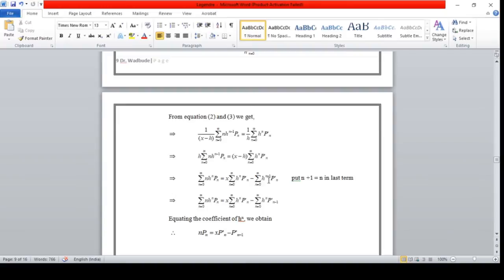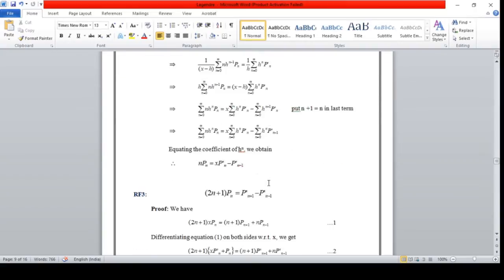Put n plus 1 equal to n in the last term only. So the first summation is the same, the second summation is the same, and in the last summation change h raised to the power n into P dash n minus 1.